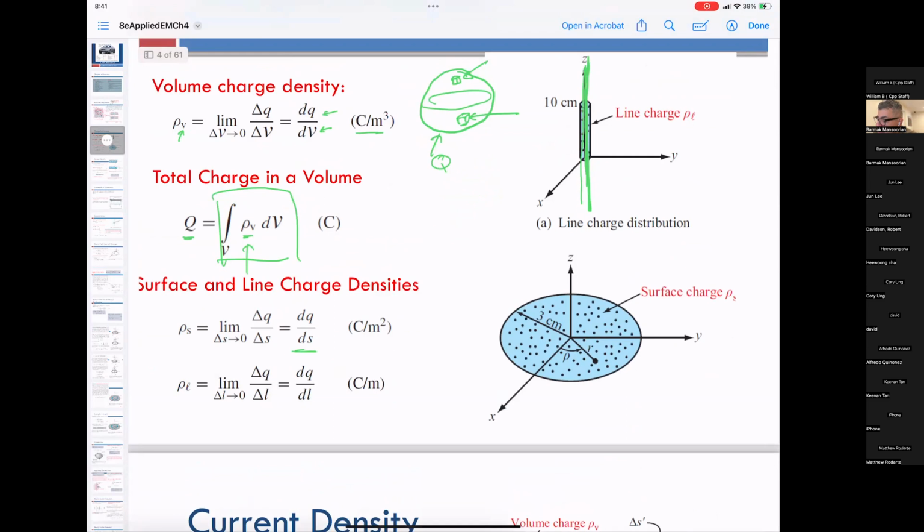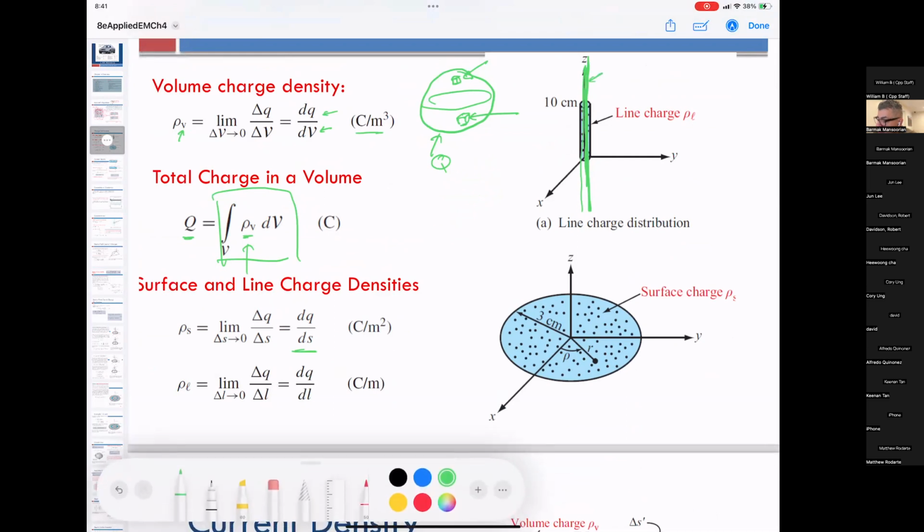But if you had charges along a line of zero thickness, you would get a charge per unit length. Sorry, this is the line charge density, I was pointing at the wrong thing.